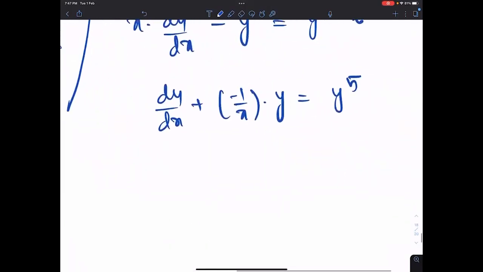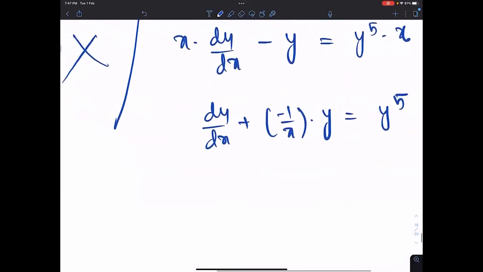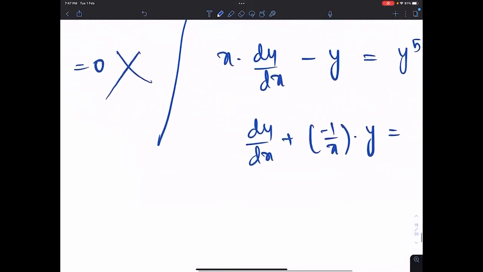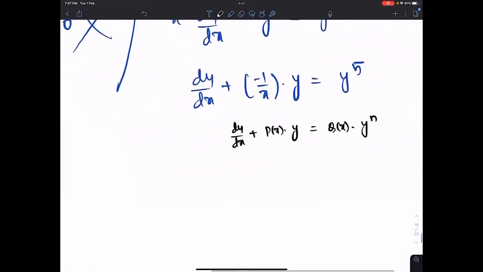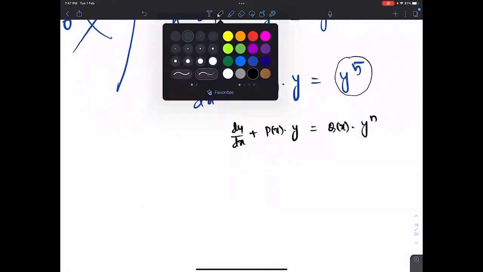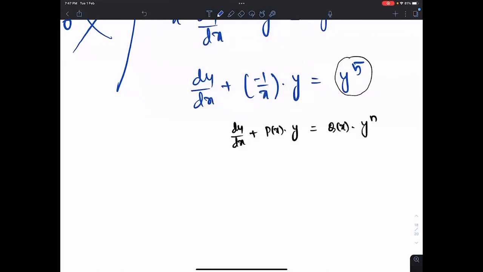That means everything is like before only. That is dy by dx plus p of x into y is equal to some q of x, but extra here y power n will be there. So what you do in Bernoulli's equation is simply divide by y power 5 everywhere, that is, y power n on the right hand side.